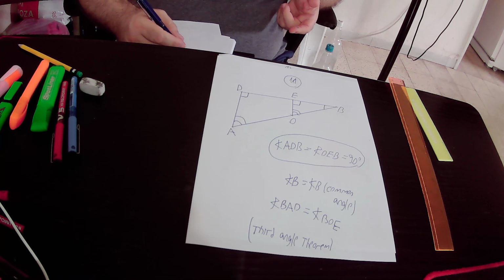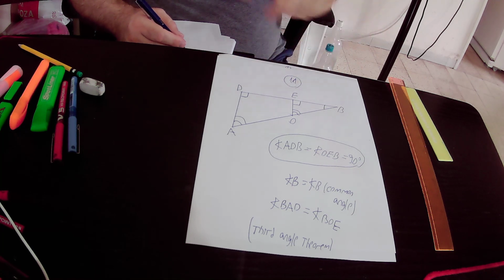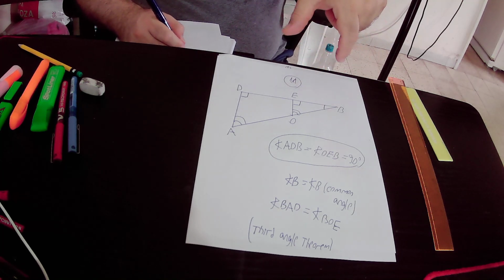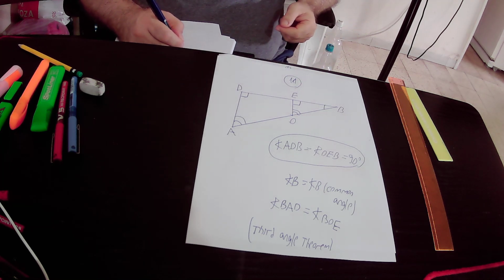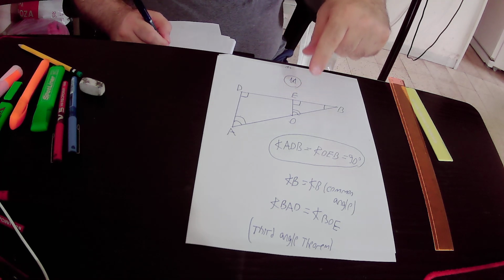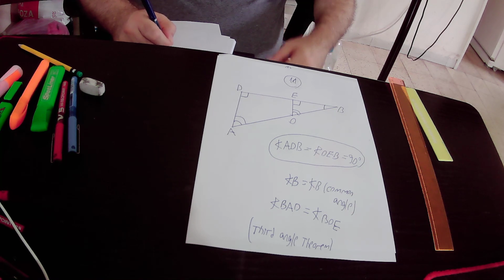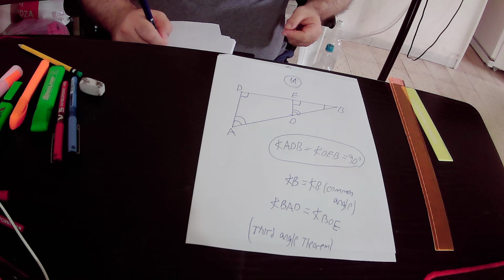The relationship is that OB over AB, OB the side of the small triangle over the side of the big triangle AB, equals OE, that is the side of the small triangle, over AD, the side of the big triangle.